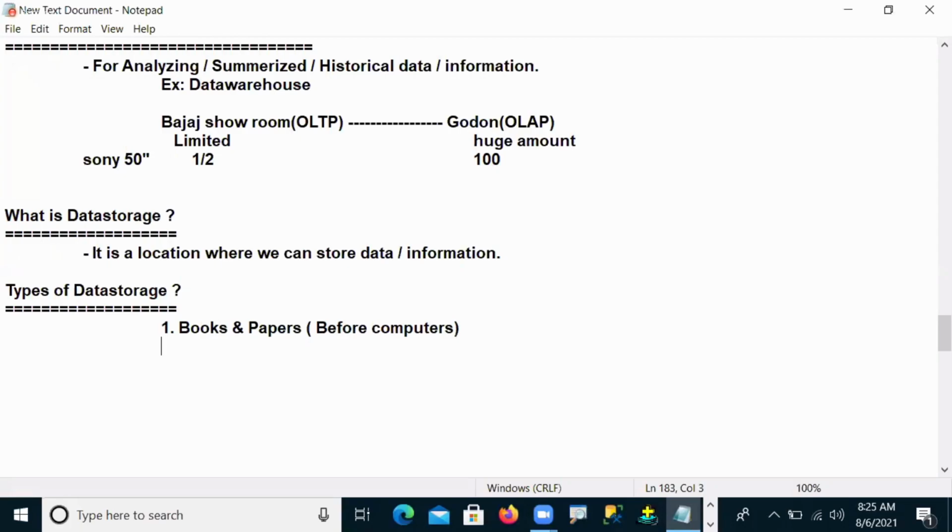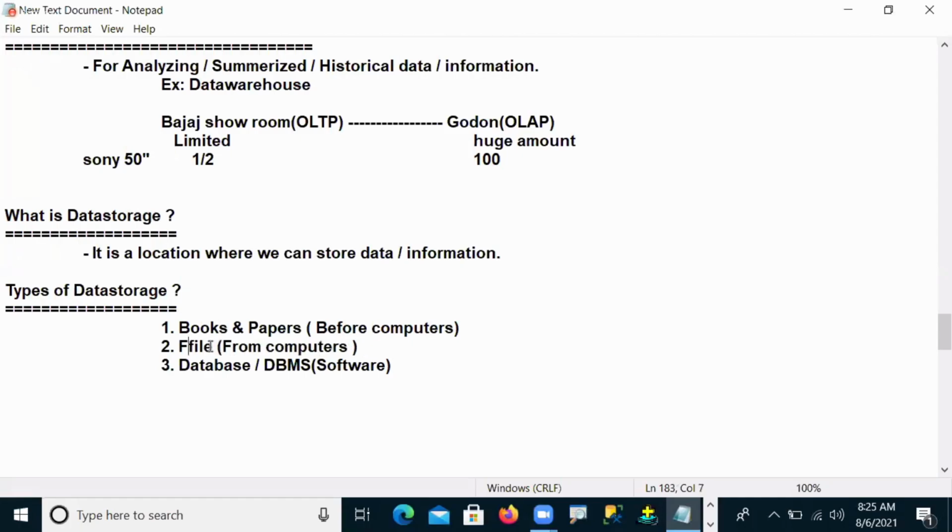Next they used flat files, which came with the introduction of computers. Later they used databases, otherwise called DBMS. DBMS are software. These are the three types of data storages we have here.